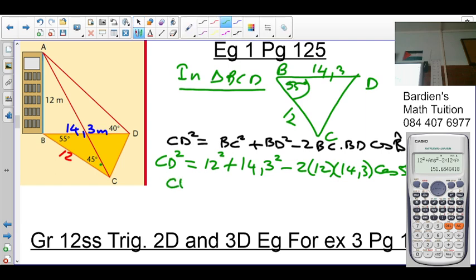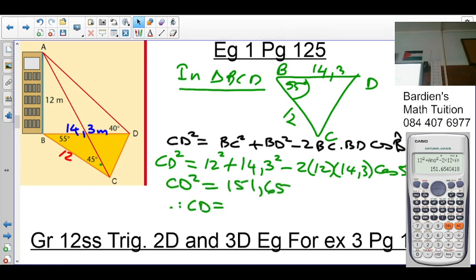So that is CD squared, 151.65. Therefore CD works out to be the square root of the answer, which is 12.3. So they are 12.3 meters apart. Do you guys understand? Any confusion? Is it correct?